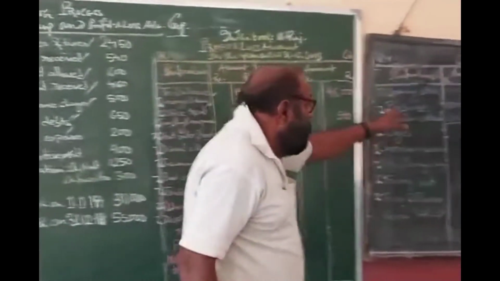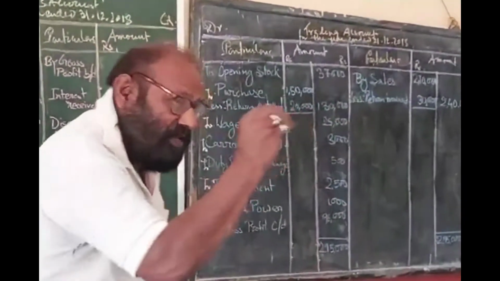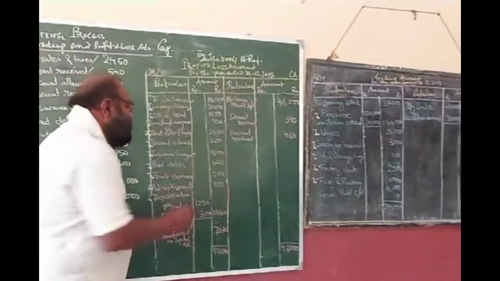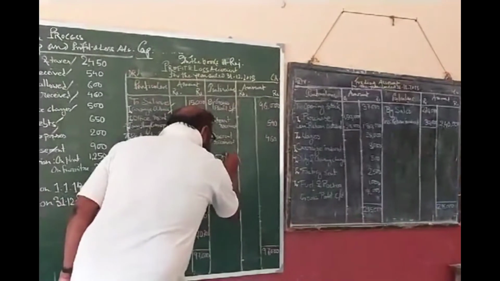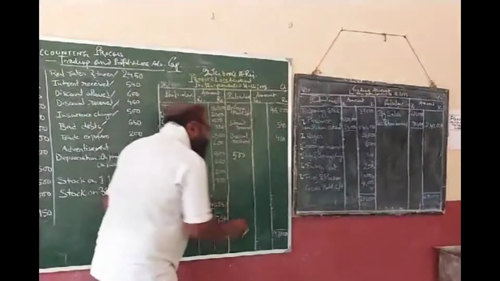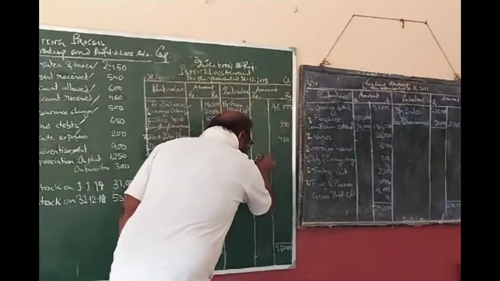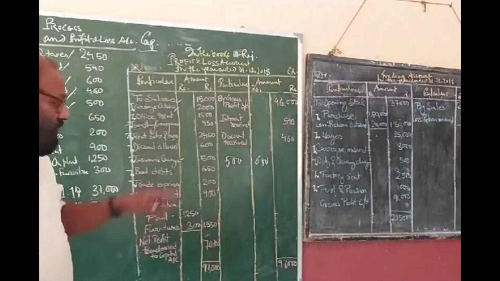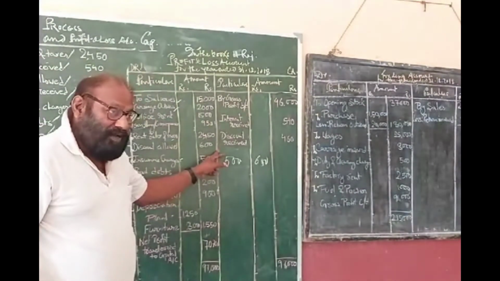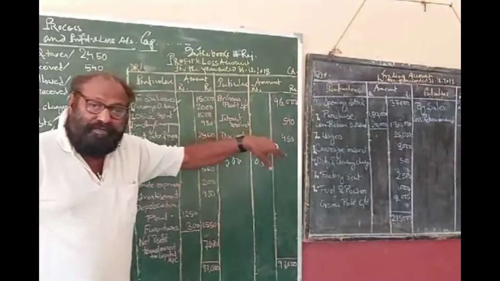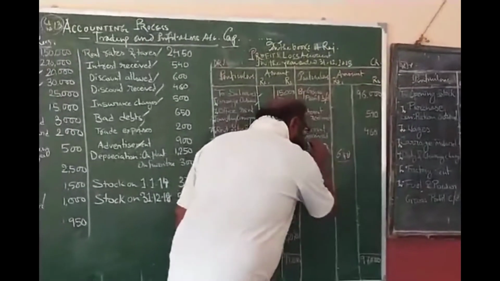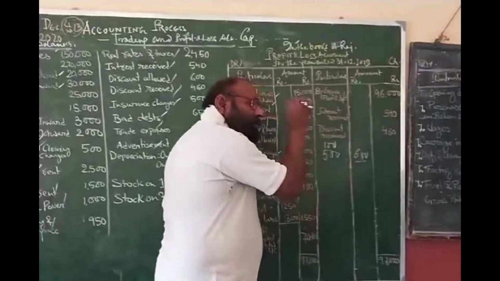Here, opening stock, the goods I have sold. See, you think you are carrying on a business of ceiling fans. Now, this year you have purchased 500 fans, but you have sold 600 fans this year. How can it be? It means there might have been an opening stock prevalent at the date of the beginning of the year. So I have sold this because 100 was in my stock.